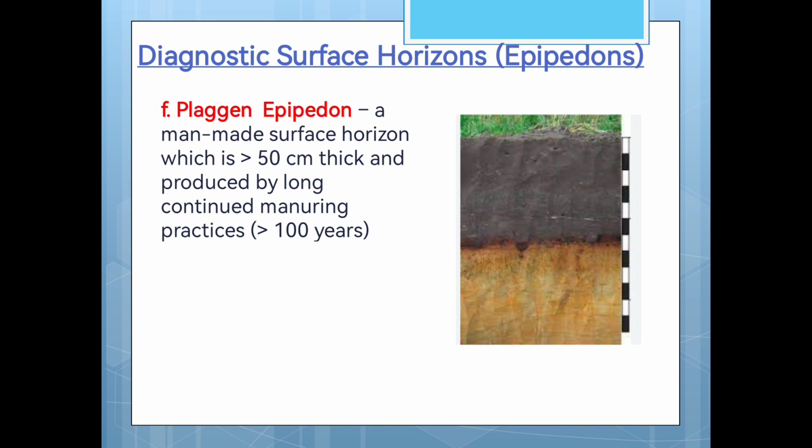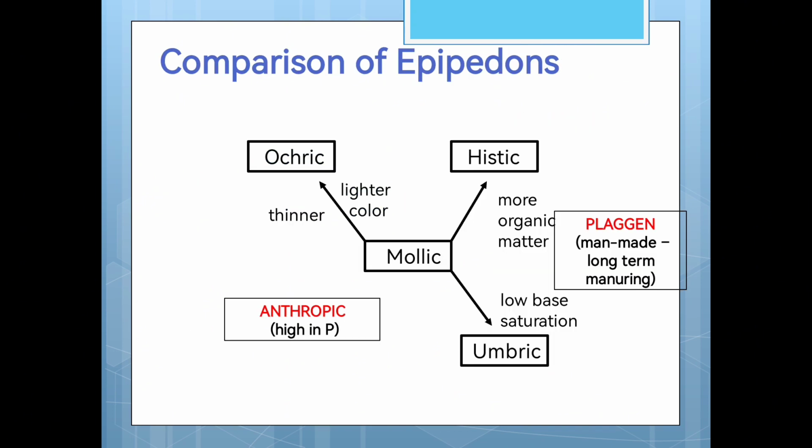So that is Plagan. So to summarize the Epipedons, the diagnostic surface horizons, our reference is the Molic Epipedon. When you have an Epipedon which is lighter in color, it resembles Molic, kapareho siya ng Molic.